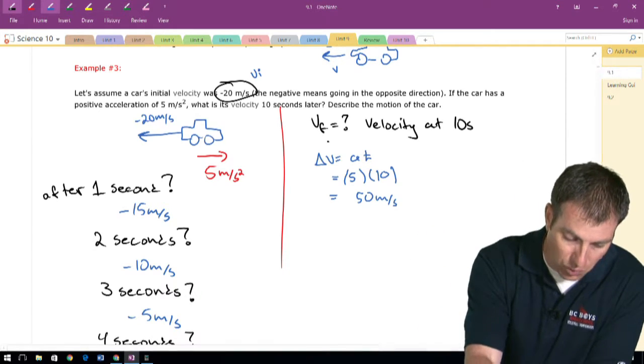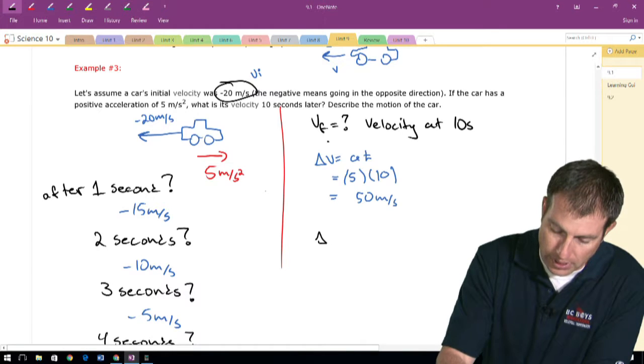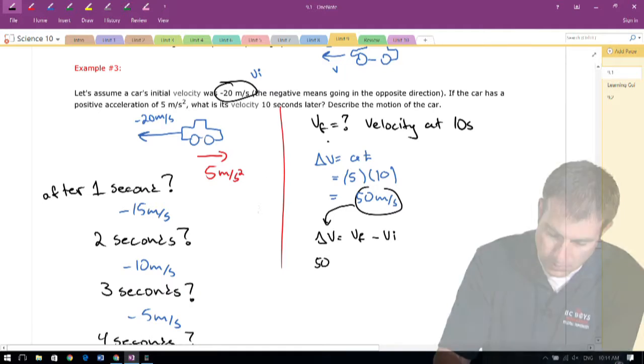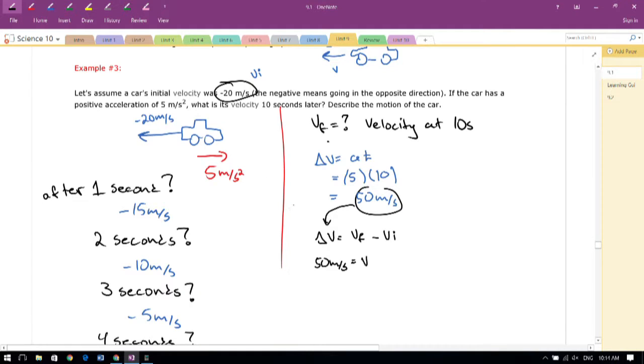So I can use a formula to describe this. Change in velocity is going to be my final velocity minus my initial velocity. So my change was 50. I don't know what my final velocity is, but my initial velocity was negative 20.